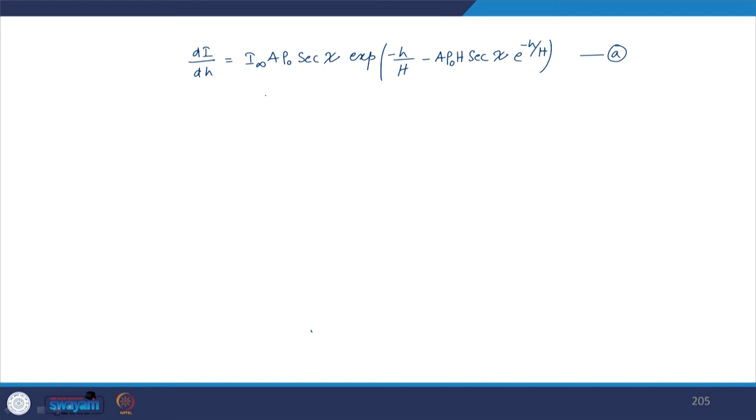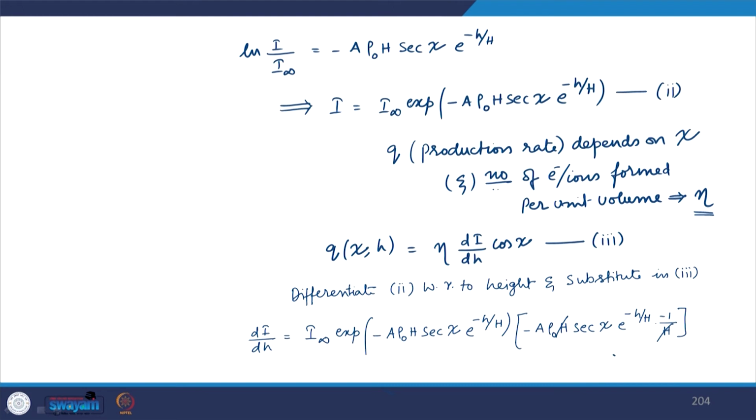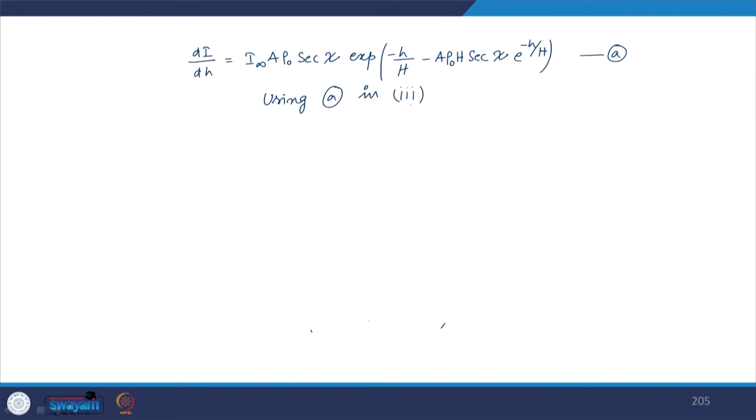Now, using this intermediate equation in 3, what is 3? 3 is here. We will get Q, the rate of production, as a function of the angle of oblique incidence and the height.